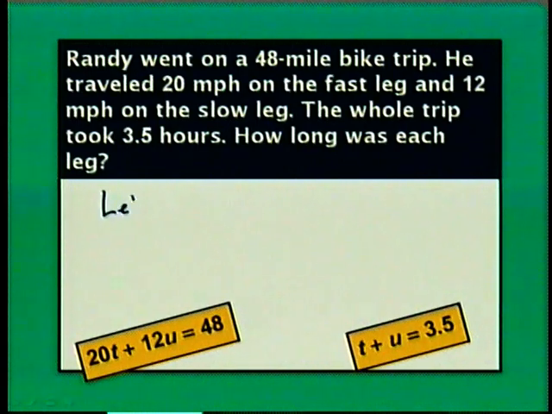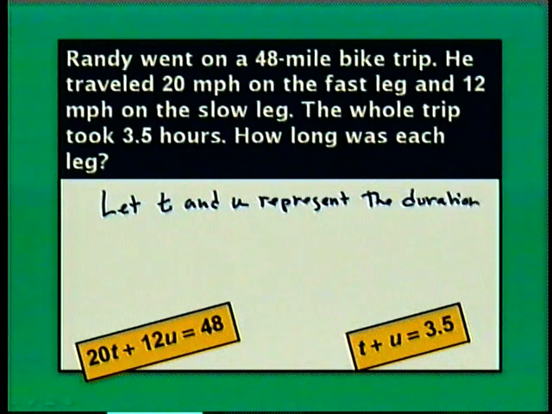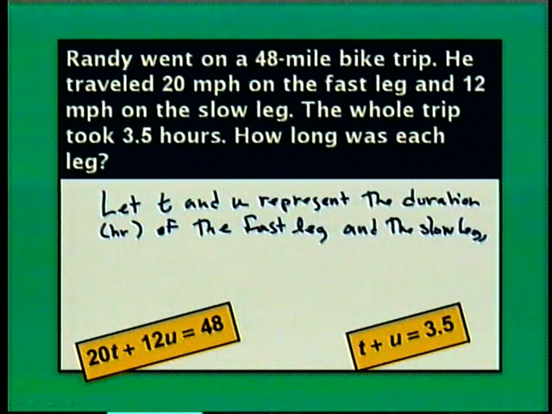So let's let t and u represent the duration, and we're measuring time in hours, of the fast leg and the slow leg, respectively.